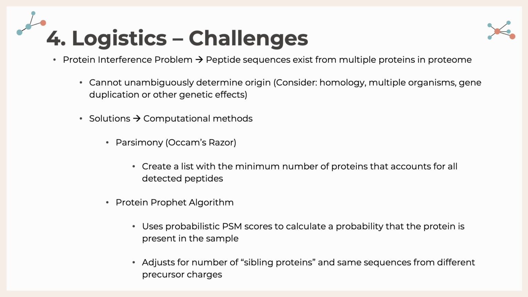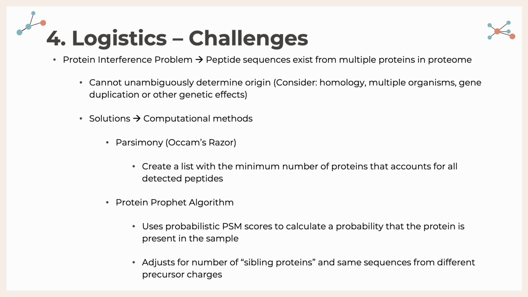Essentially, that just means it adjusts for how many peptides can be found within the same protein. So recall, parsimony is just creating how many proteins can be made of these detected peptides, versus the ProteinProphet algorithm, where it's essentially who can donate these peptides and any related peptides to it.